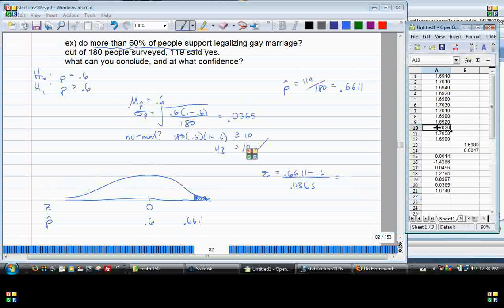So again, I'll stay with the convention in the textbook, z-score to 2 places, and we can say 1.67. We can fill that in on the picture.